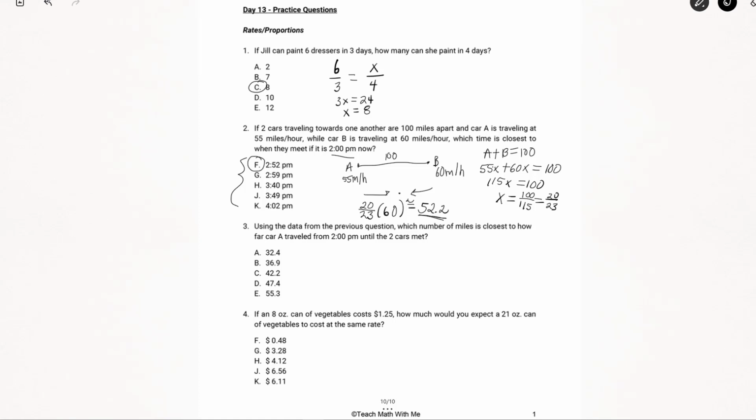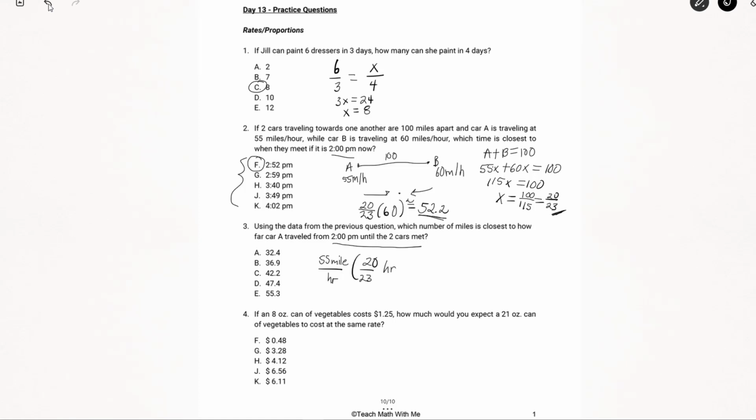Now, question number 3 says use the data from the previous question. Which number of miles is closest to how far car A traveled from 2 o'clock p.m. until the 2 cars met? Car A travels at 55 miles per hour, and we know they traveled 20 over 23 hours.